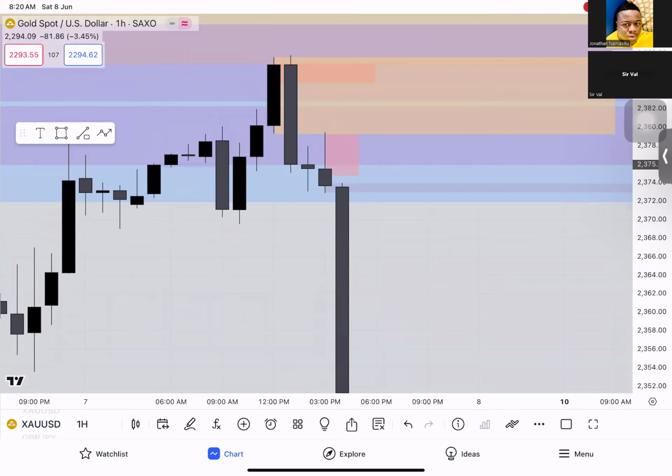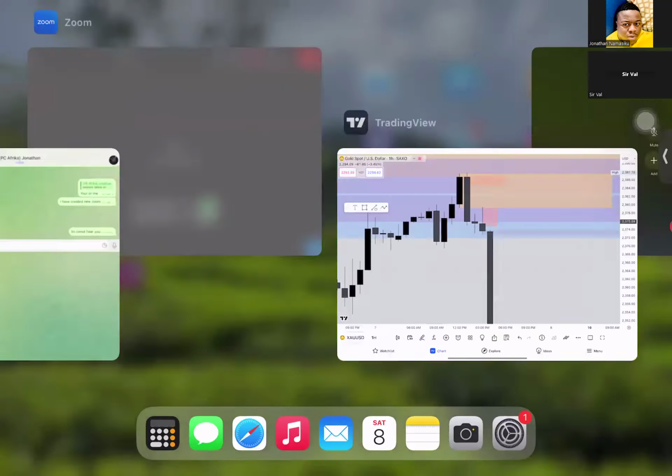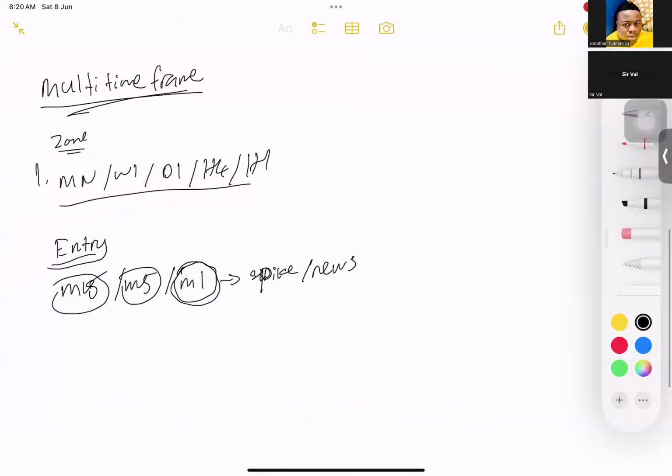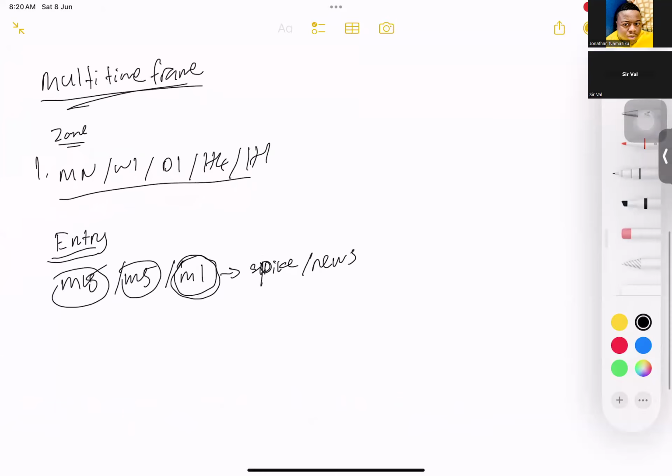Yes. So that's how I use it. For entry, I will precise. If you have a weekly, you can precise from weekly, or if you have a monthly, you need to precise from monthly. But for now I only have a weekly, so I will precise to daily, H4 and H1. H1 is the last zone, and you need to wait for the CMP, M15.